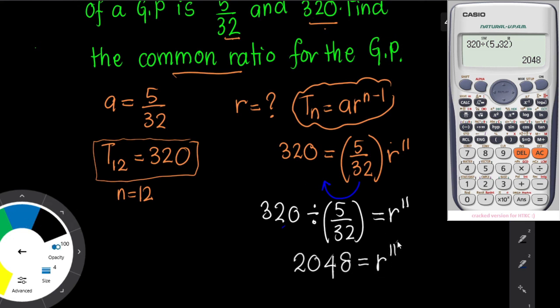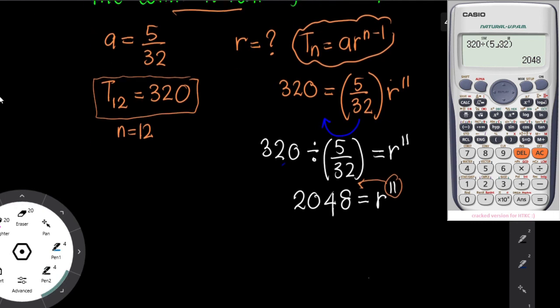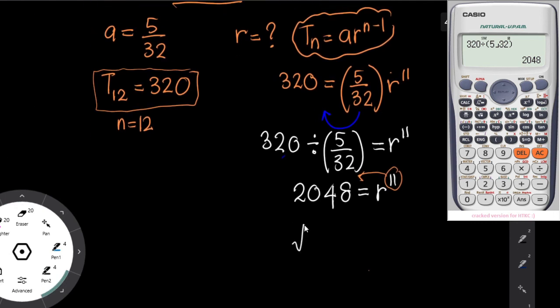2048 equals r to the power of 11. Now bring the power to the other side. So it becomes the 11th root of 2048. Hold on, let me write nicely. Here the page is breaking, that's why. This one also can be keyed in the calculator.